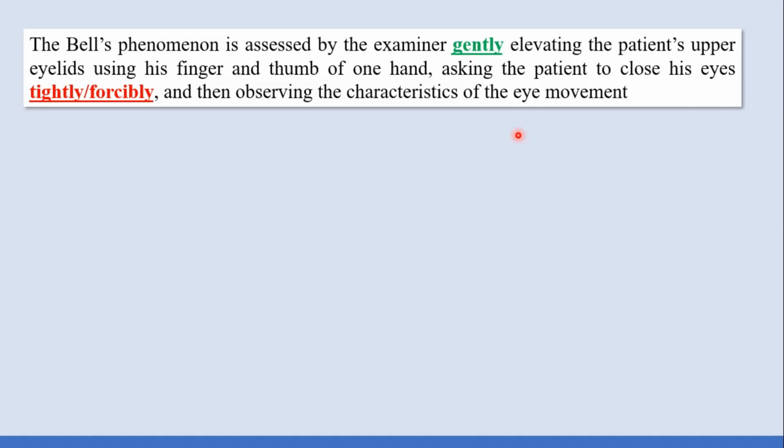So if you are gently retracting the eyelids, you may not be able to overcome the powerful contraction of the orbicularis. This is confusing for me, and I will show you in the next slide the difficulty when you gently elevate the patient's eyelid and the patient forcibly closes their eyelids in the presence of normal orbicularis function.